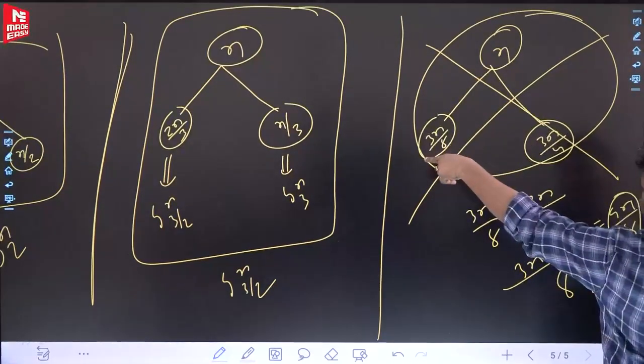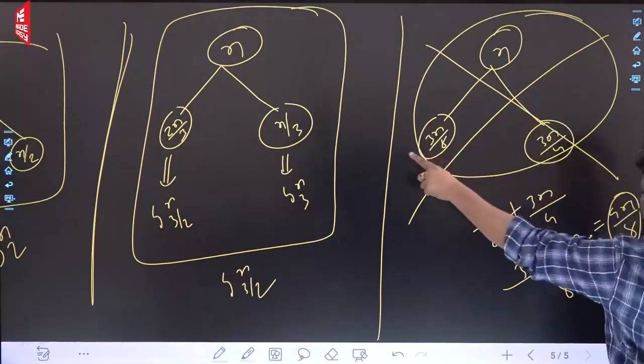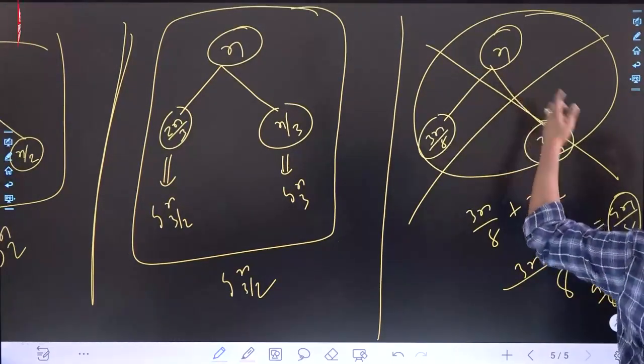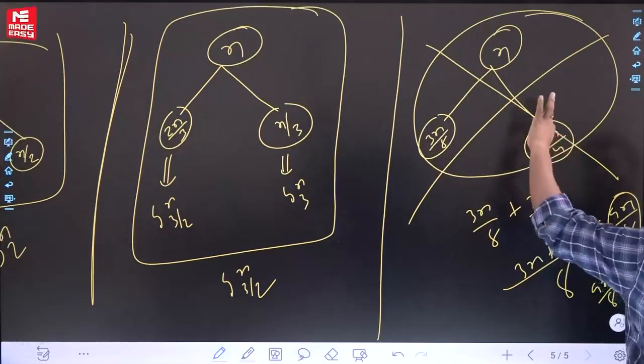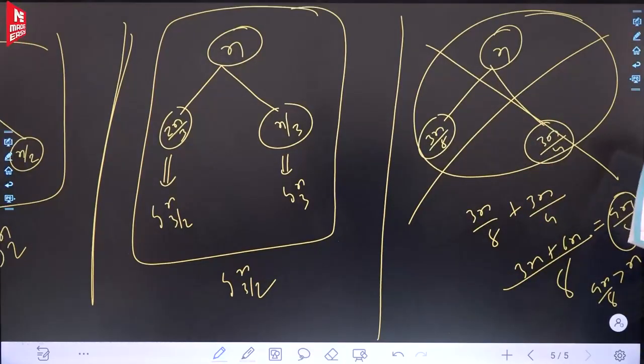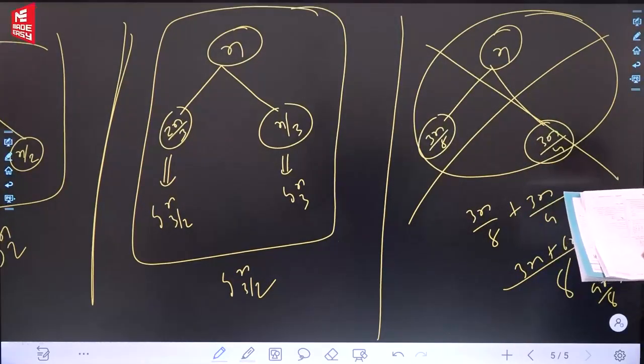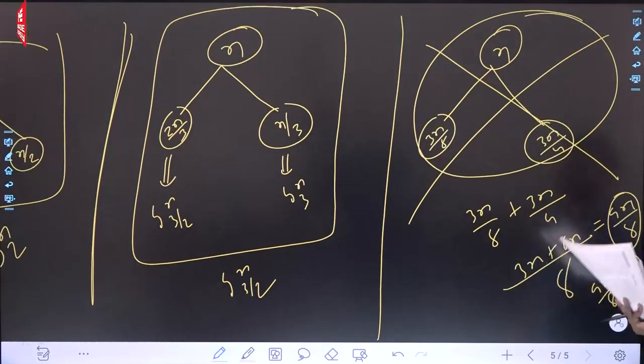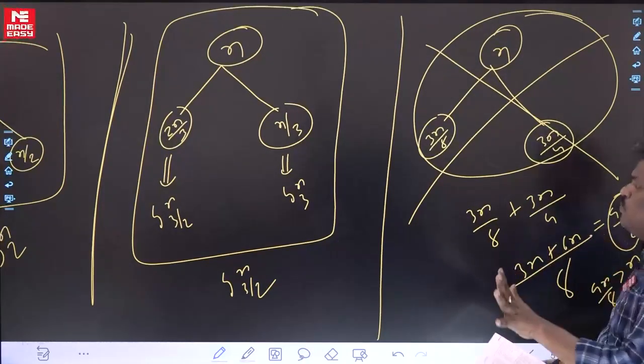I kept half only. After keeping half, if I add both, it is coming more than n. With this story, a weight balanced binary search tree is not possible. I wanted to get option B. I tried also, but I got to know it is coming more than n. More than n means don't take it, because I have only n nodes.